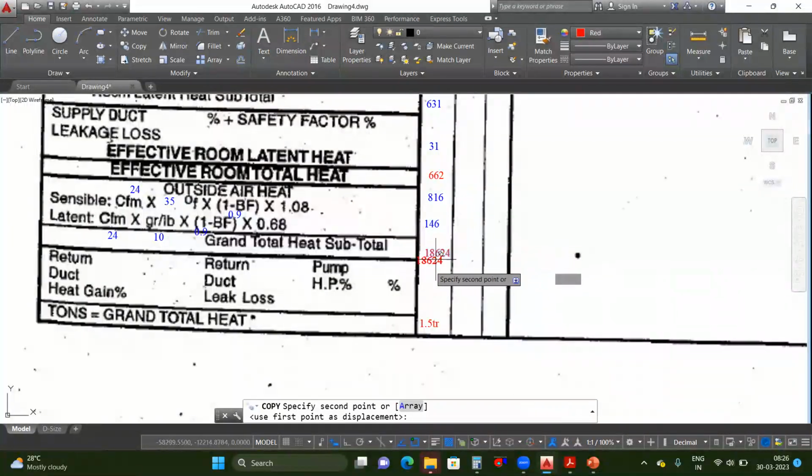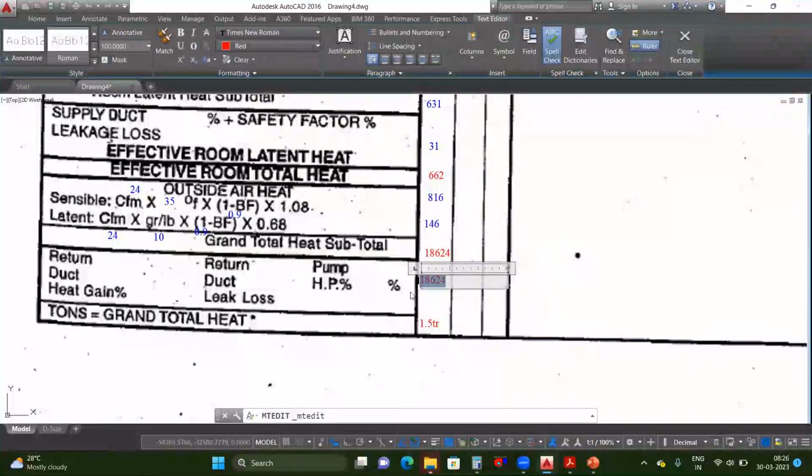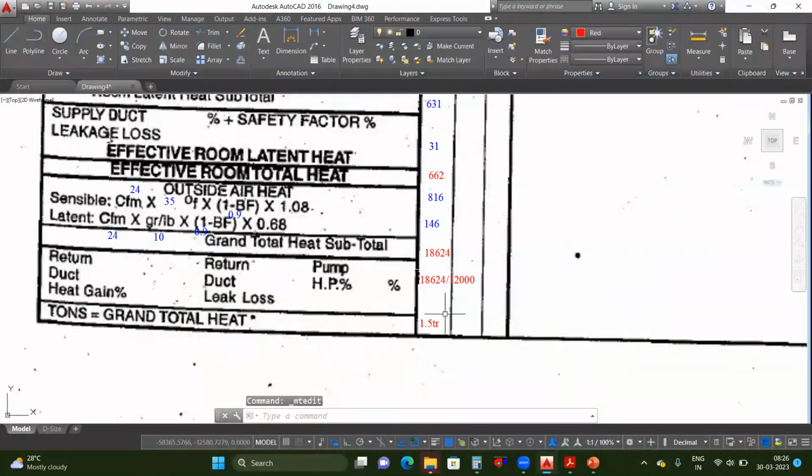So I'll write the formula here: total BTU divided by 12,000, we will get tonnage.